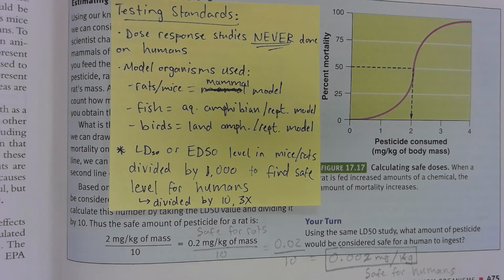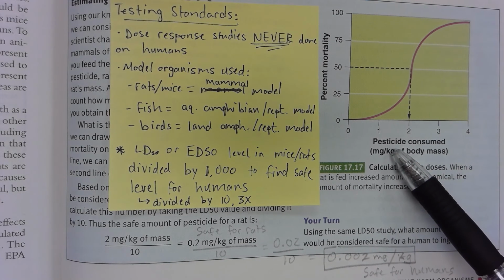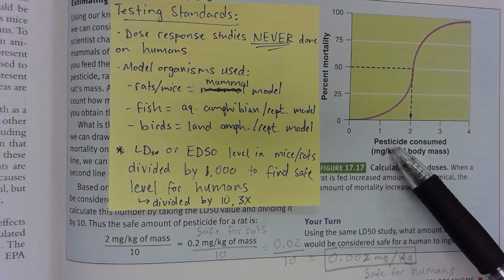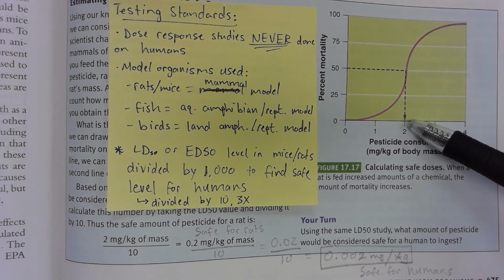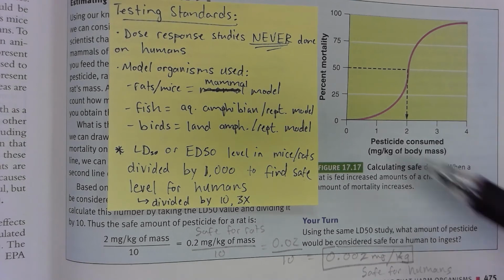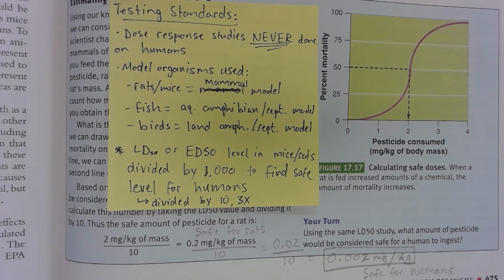We use fish for aquatic, amphibian, and reptiles, and we use birds for land or terrestrial amphibians and reptiles. What we do with the LD50 level that we discover, which in this case would be for this pesticide that's being given to rats, we've determined that the LD50 level is 2 milligrams per kilogram of body weight in that rat, in body mass.